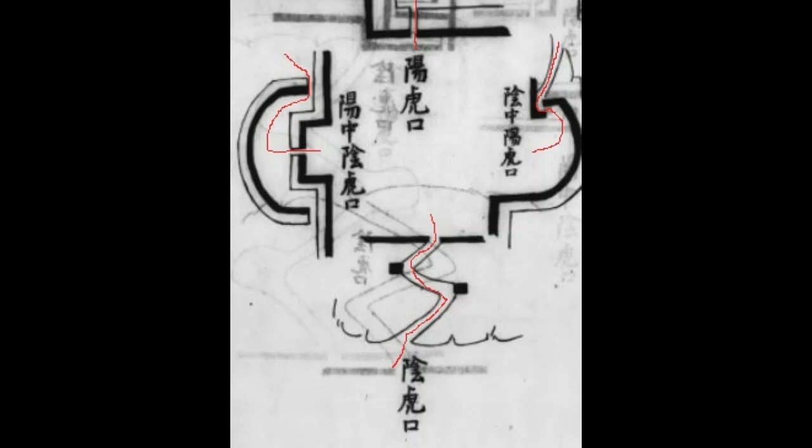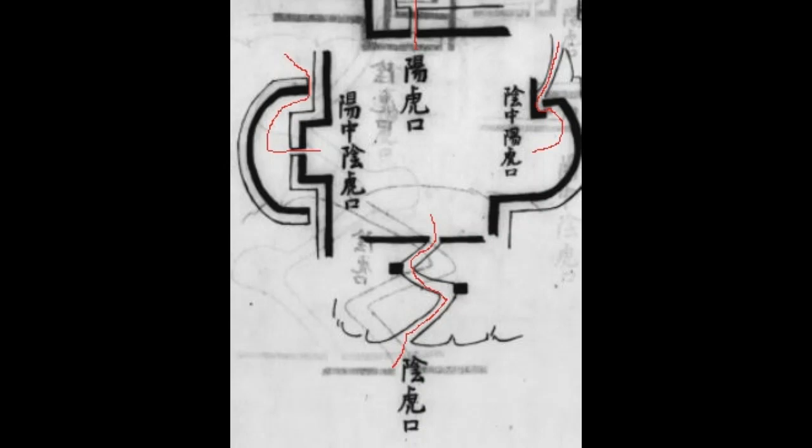Everything I've showed you so far is based on the main text and the main commentary to the text. However, 100-something years later, a branch of the school decided to redefine yin and yang, rather than yin being receiving and yang being pushing forward, which is essentially how it works in most of the systems that we discuss.